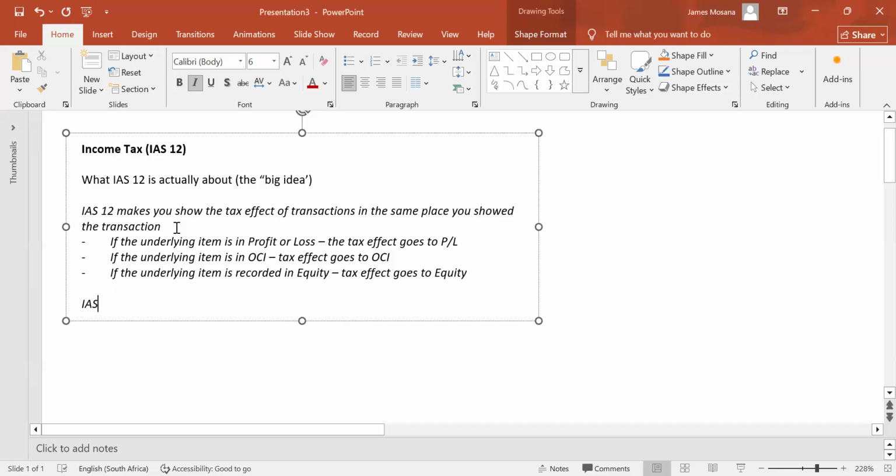So now, IAS 12 deals with two taxes. That's the most important thing that you need to know about IAS 12, which is income tax. IAS 12 deals with two taxes.